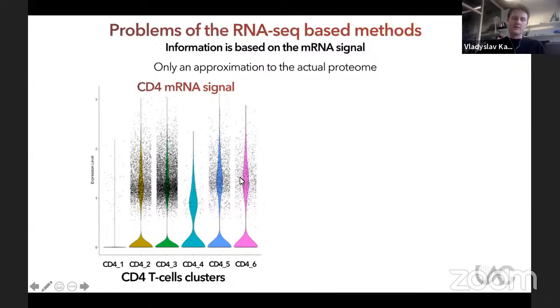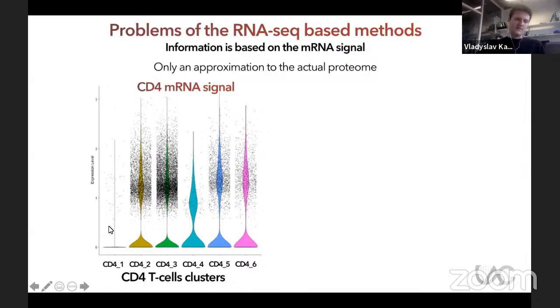And here, what you can see is a violin plot. That means in this plot, the dots that we can see are the level of expression in each single cell, plotted on a logarithmic scale. And you may see, for example, here in clusters 2, 3, 4, 5, and 6, the level of the CD4 messenger RNA is very high, and you can see a certain expression of this messenger RNA in these 5 clusters of cells.